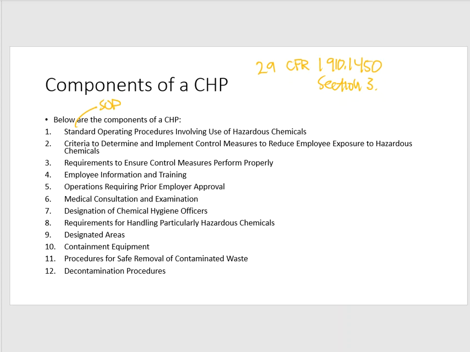Number 2, criteria to determine and implement control measures to reduce employee exposure to hazardous chemicals. Okay, so basically what this is referring to is how do you lower the exposure?